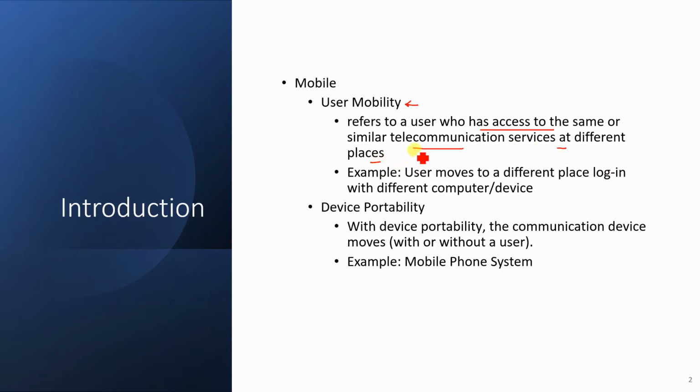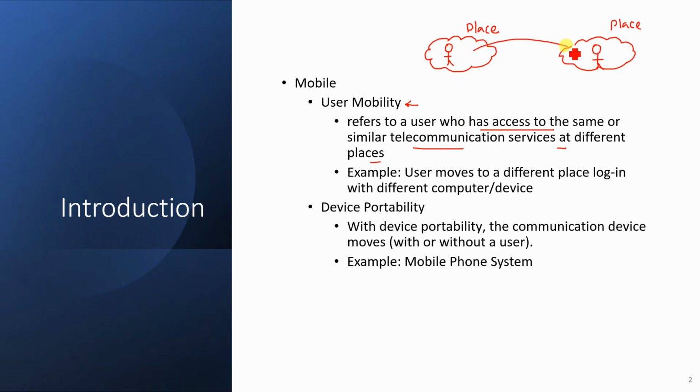So if a user moves from one place, let's say this is a place where the person stays, and he has moved to another place and still the service follows him, then we say that the service supports user mobility, is it not?